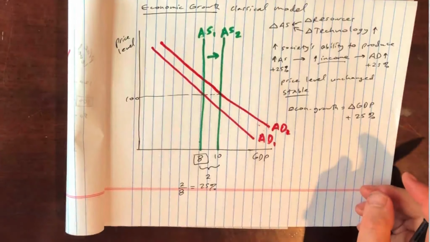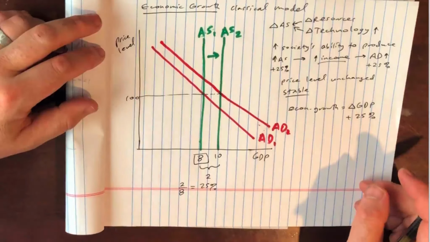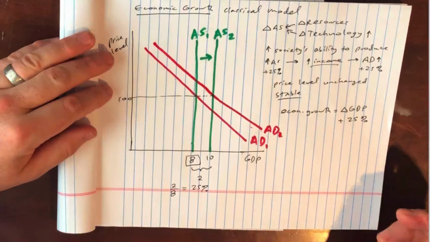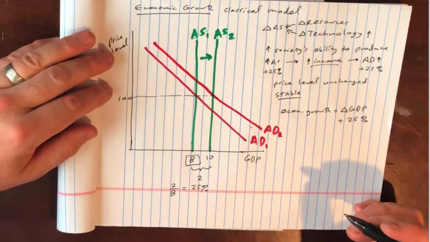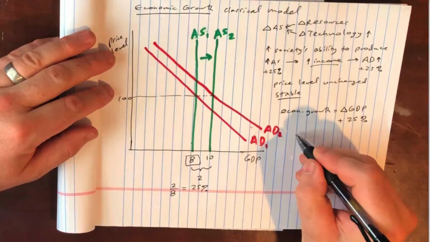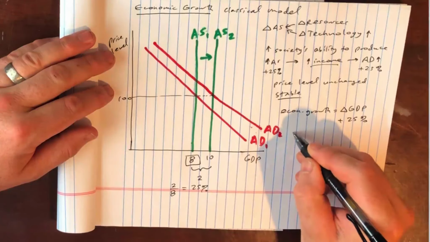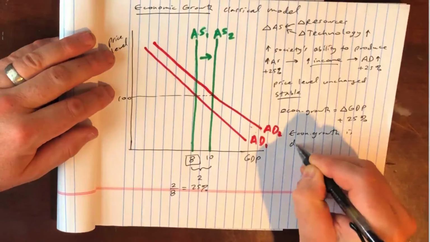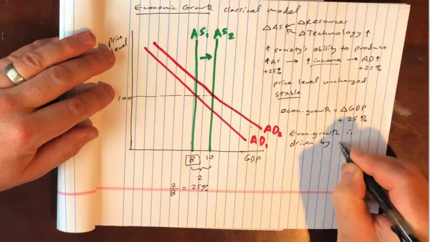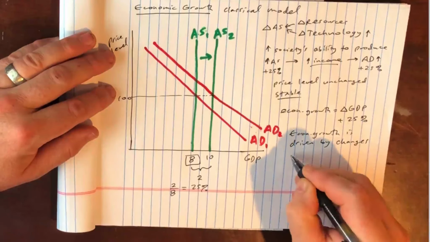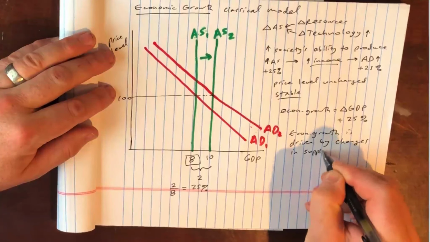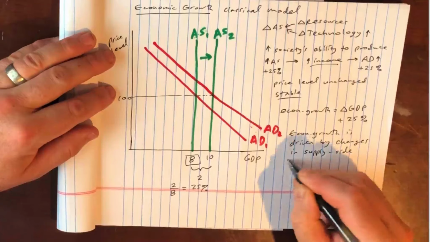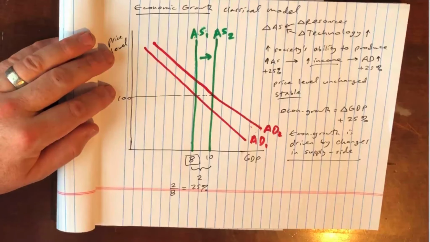So this is the explanation for how economic growth works in the classical model. Notice, economic growth is driven by changes in the supply side.